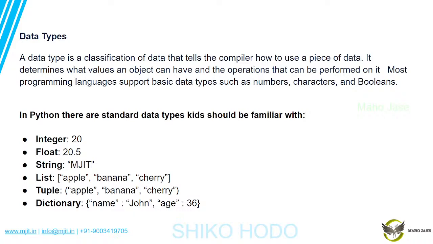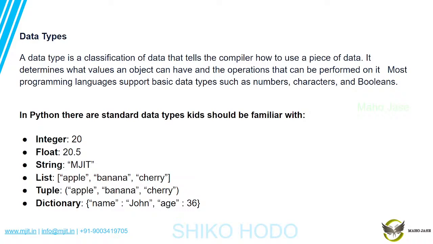So here in Python, there are standard data types kids should be familiar with. The first one is integer. If you want to store a number, you can go for integer. If you want to store a decimal or float, you can store, for example, 20.5. Or if you want to store a string, you can store a string like MJIT.